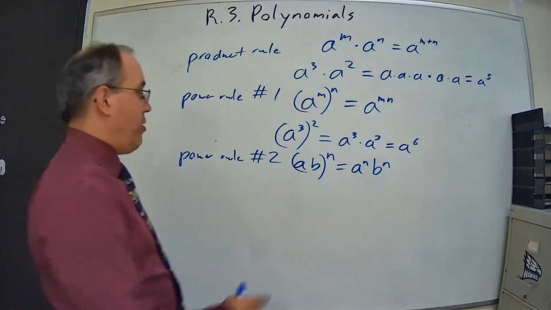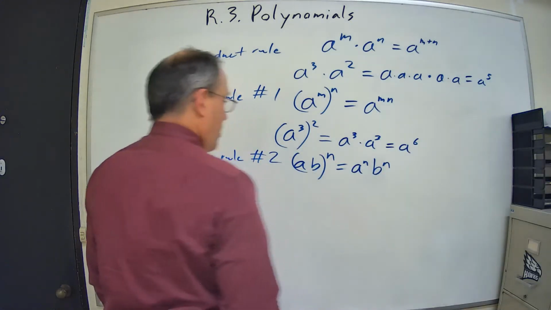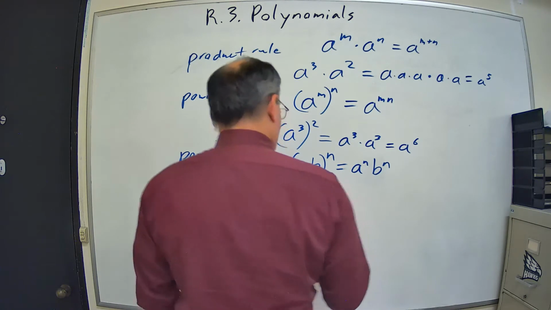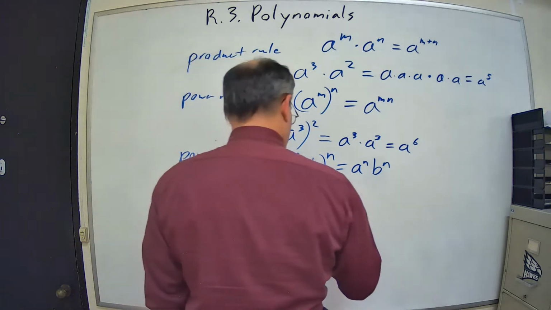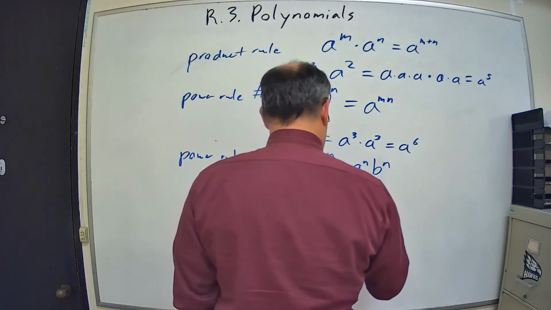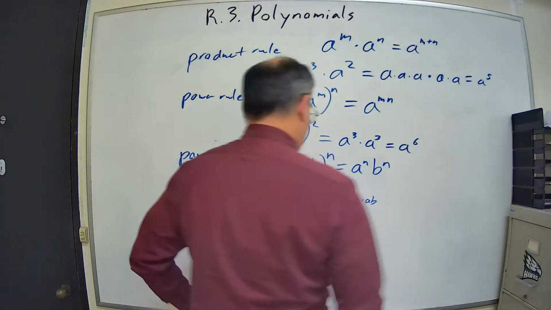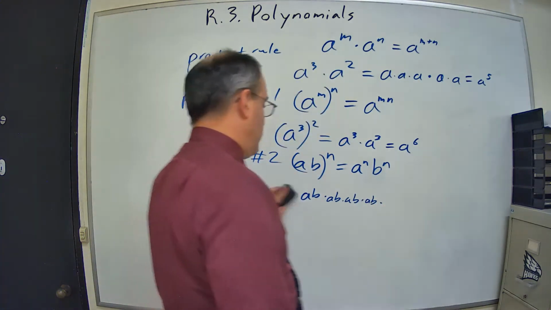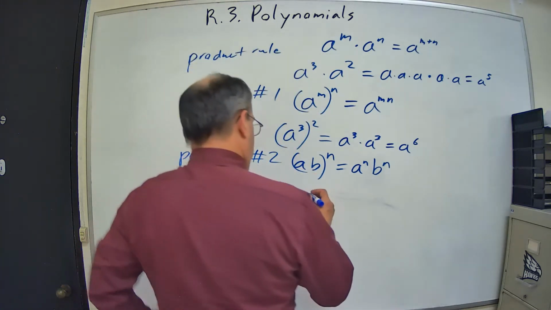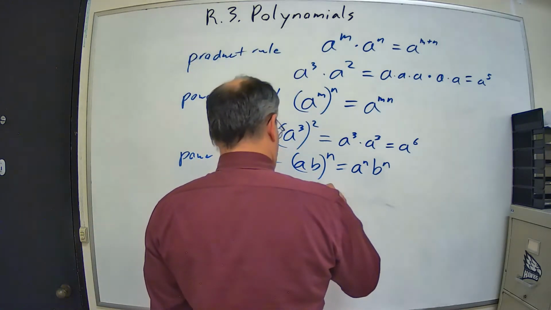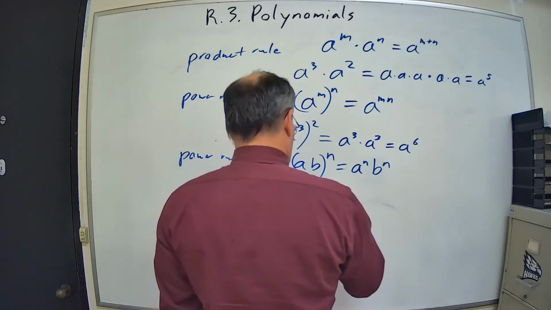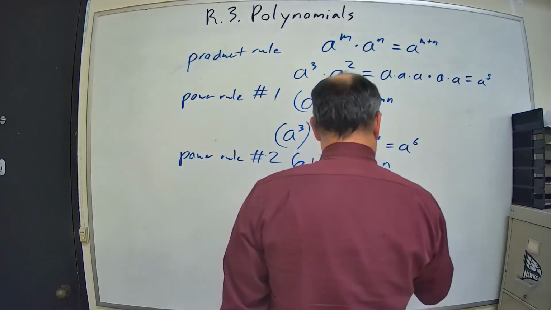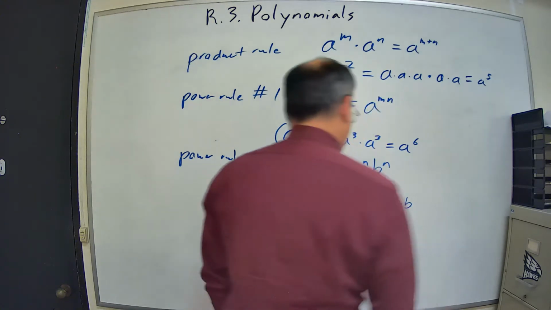Well, if we look at what that's doing, that's ab times ab times ab, et cetera. Actually, let's show an example. If I have ab to the 3, then that's ab times ab times ab.